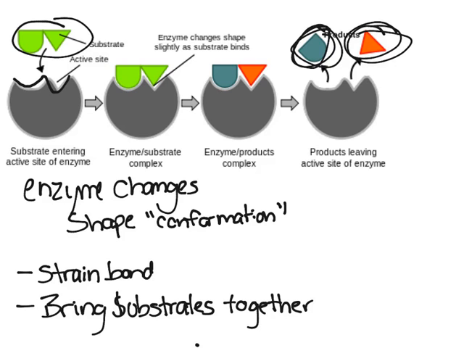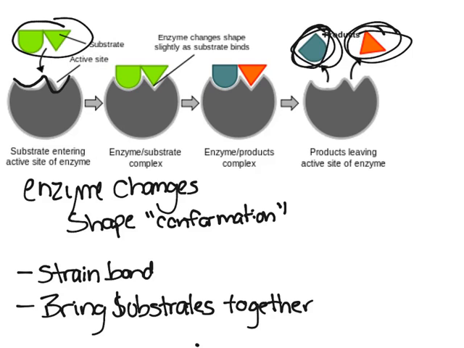And so by bringing them together, it's more likely to react, because if you want to put two things together, they have to first come into contact. And so essentially the enzyme makes whatever reaction you want more likely to happen.